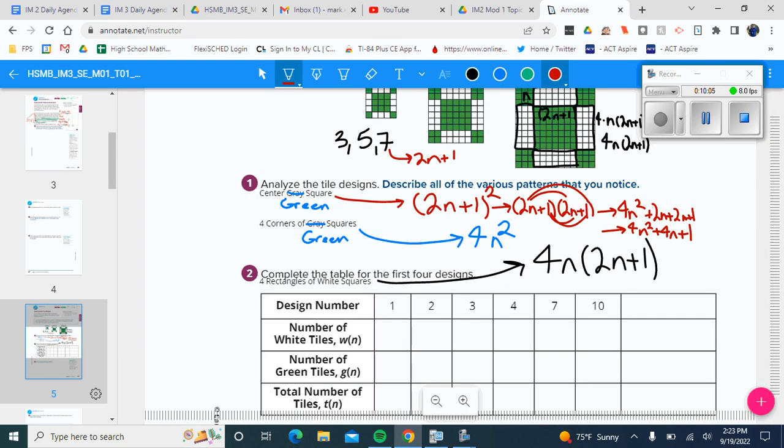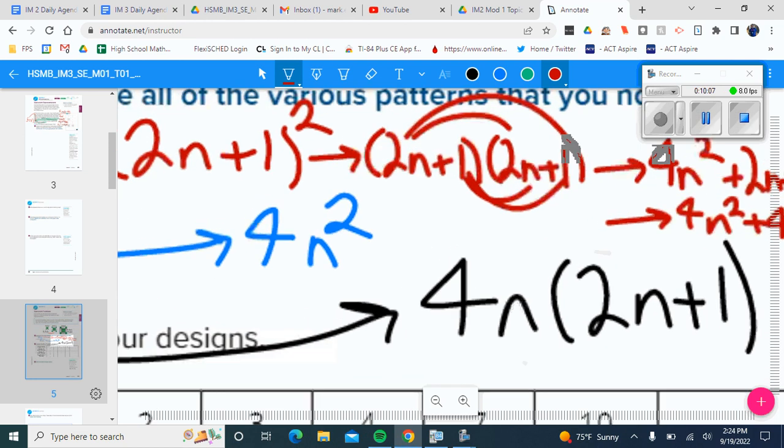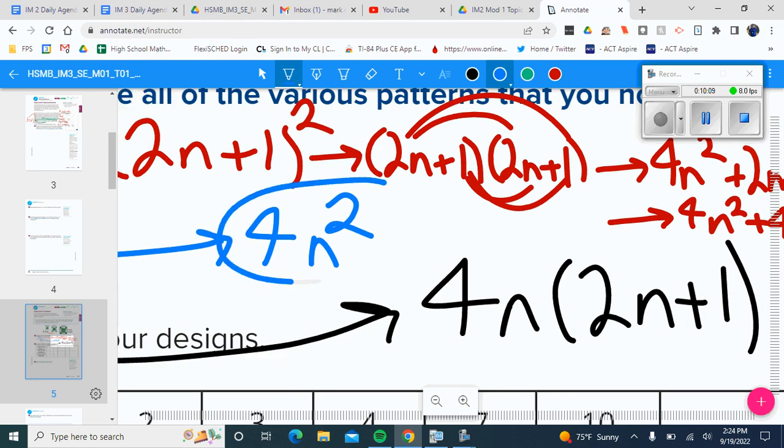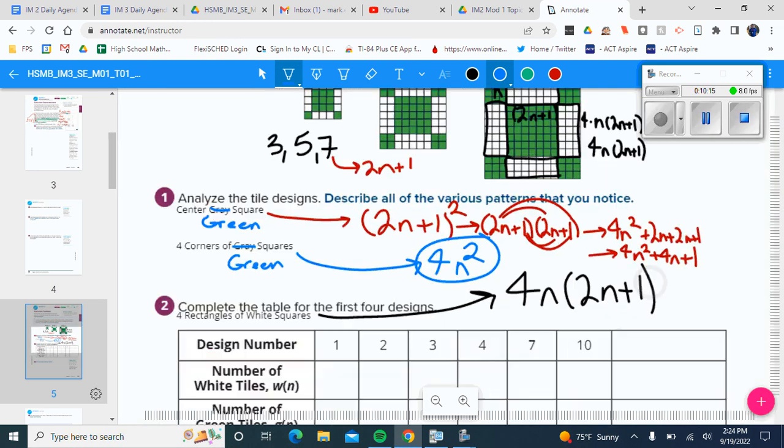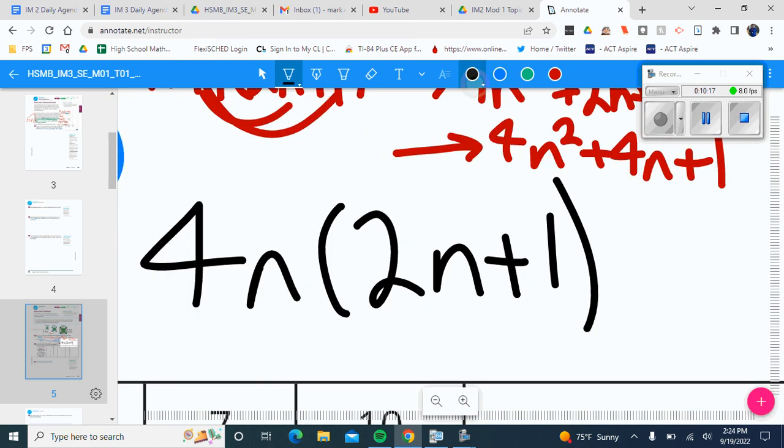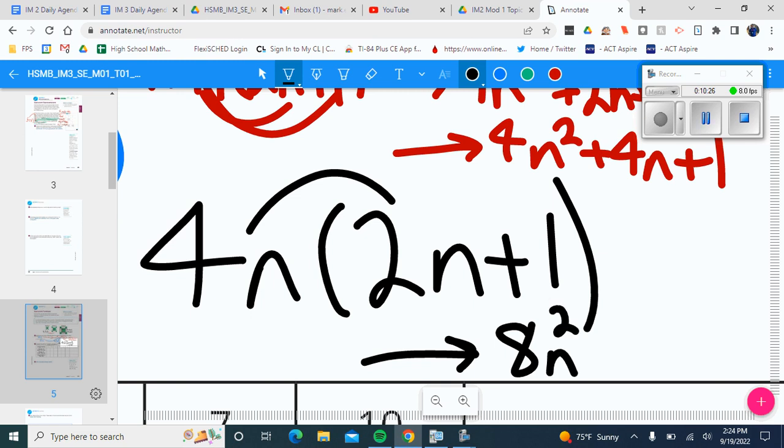For the four corners of green squares, 4n squared can't be simplified anymore. So that is its total. For the four white rectangles, we're going to do 4n times 2n, which is 8n squared, and 4n times 1, which is 4n.